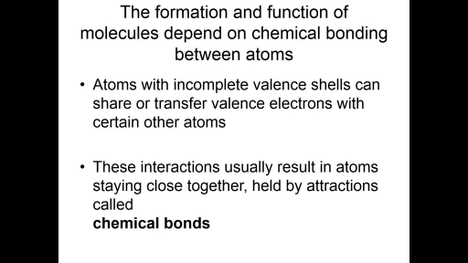Well, if you're missing a full shell in terms of the number of electrons, then it's incomplete. So this is where you have the formation of chemical bonds. This is when atoms interact with one another and join.